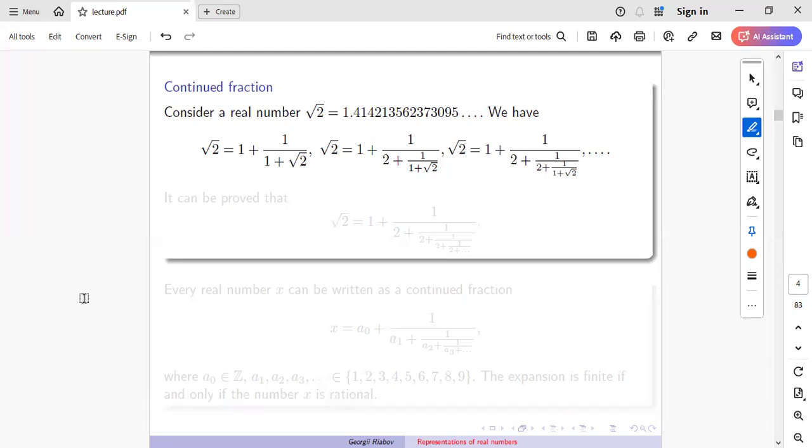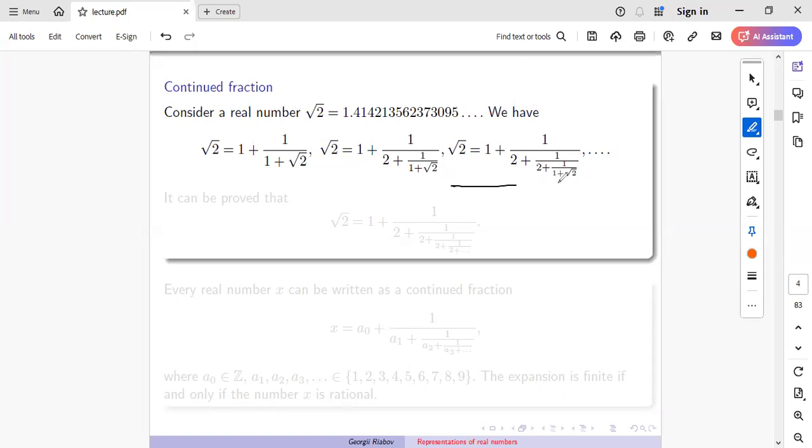It turns out that if we continue this procedure longer and longer, we will get, on each step, an equality for the root of 2.